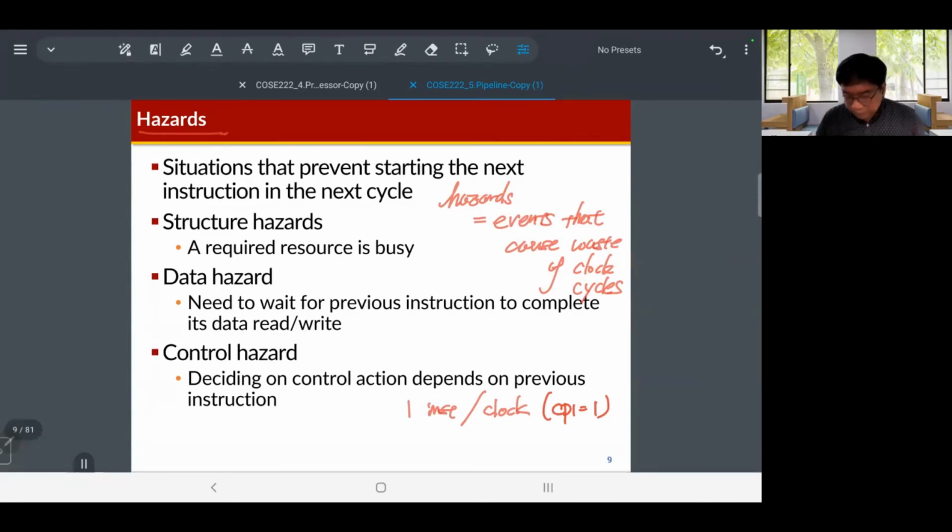But for some reasons, pipeline processors can waste clock cycles, and these events are called hazards. If a hazard happens in a pipeline processor, then clocks are wasted.